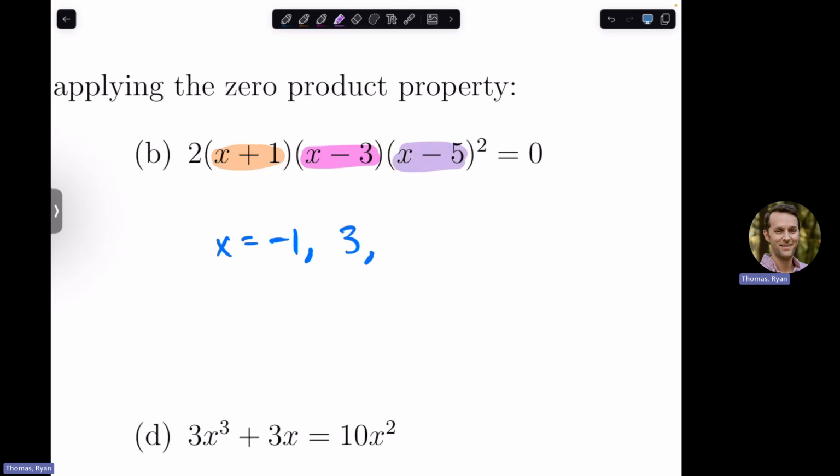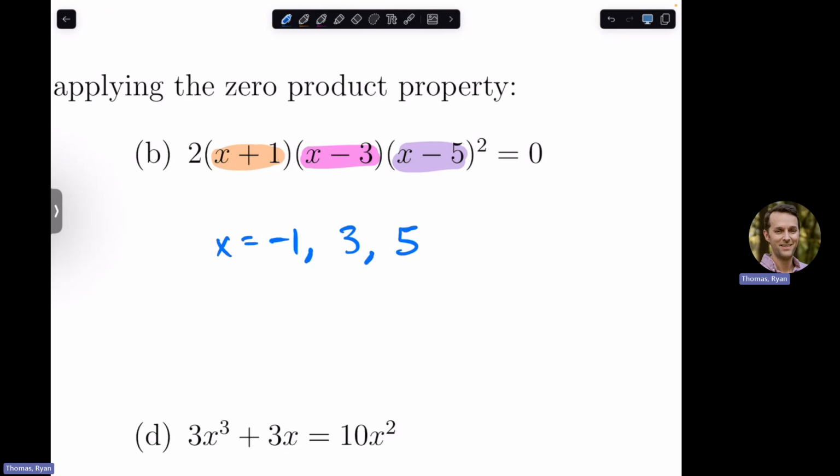Or if this is 0, then x is 5. And the square kind of doesn't really matter. It means it's a repeated root or it's got multiplicity 2, but it doesn't change the value of what makes that thing 0, right? The only way to zero out this term is if x is 5, 5 minus 5 is 0, 0 squared is still 0, 0 times a bunch of other stuff, who cares what it is, it's still going to be 0, right?